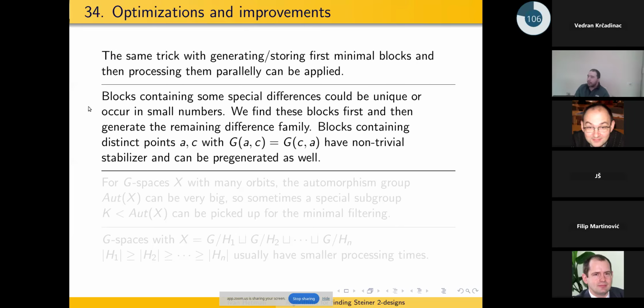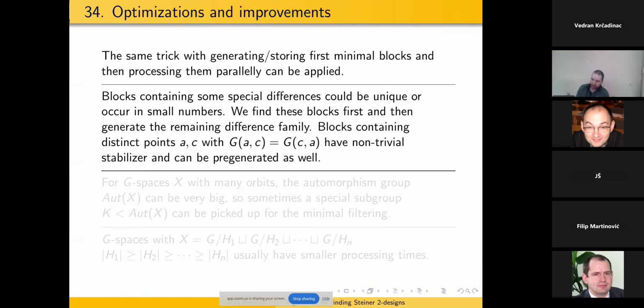The second optimization is that, because we are usually using a large group, blocks containing some special differences could be unique or occur in very small numbers. So we find these blocks first and then generate the remaining difference families.